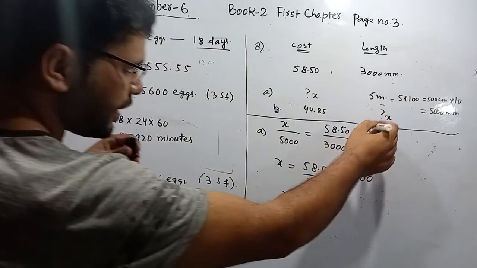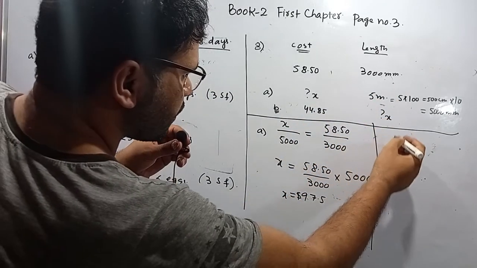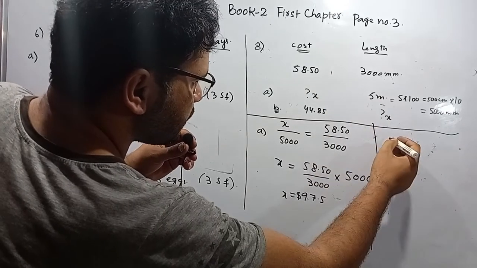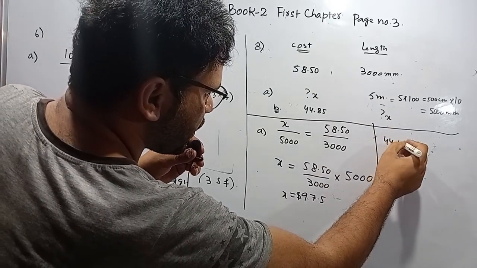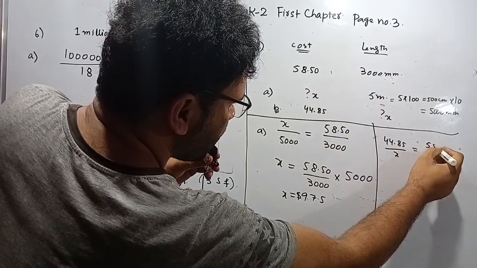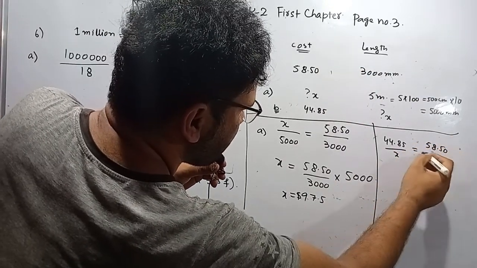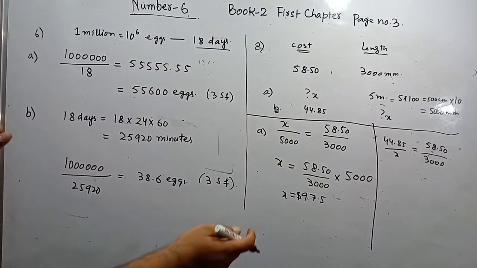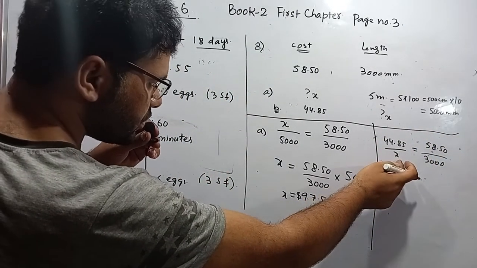Once again I will take this. You can see here, I can take 44.85 divided by x equals 58.50 divided by 3000. Now I will calculate this.